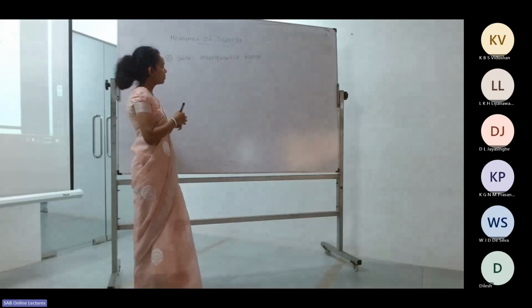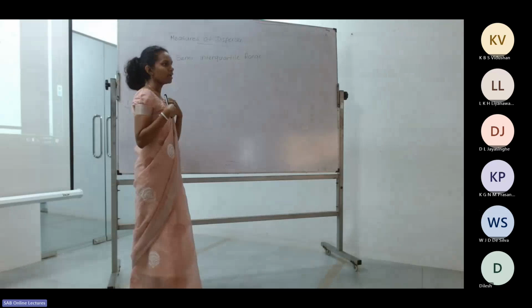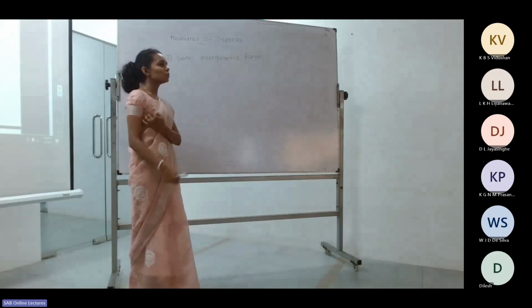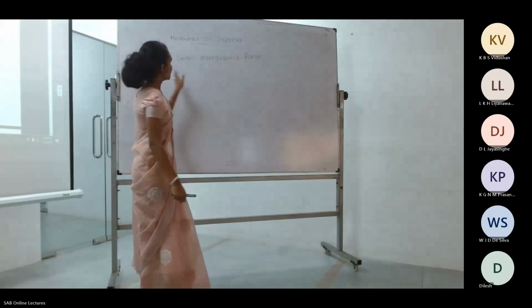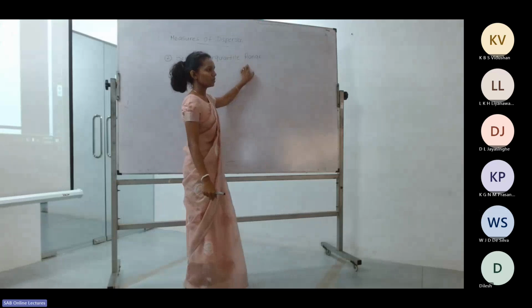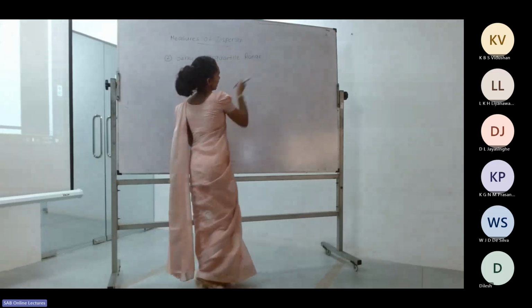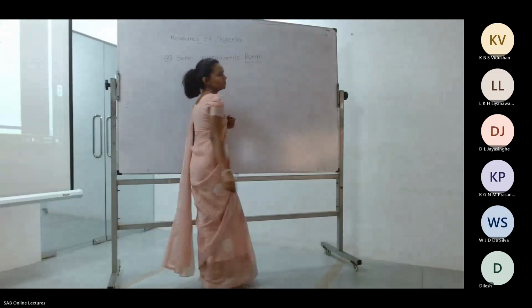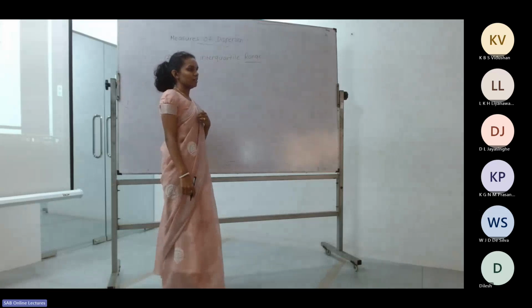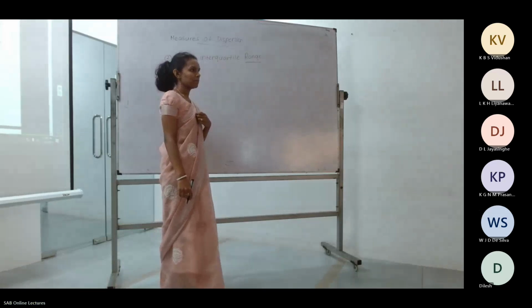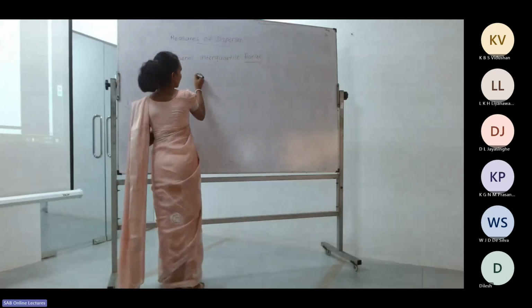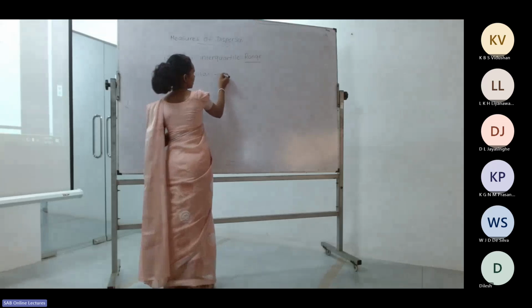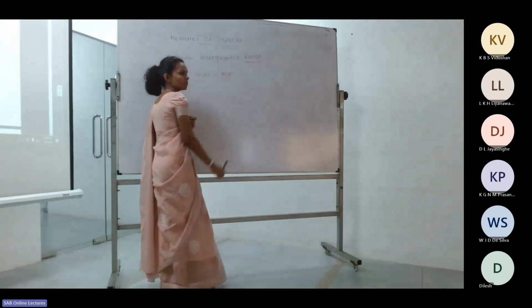Previously we discussed quartiles, Q1, Q2, Q3. Then there is the word range. Normally, how do we find the range? Maximum value minus minimum value.